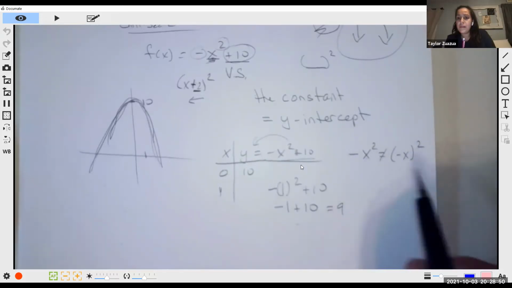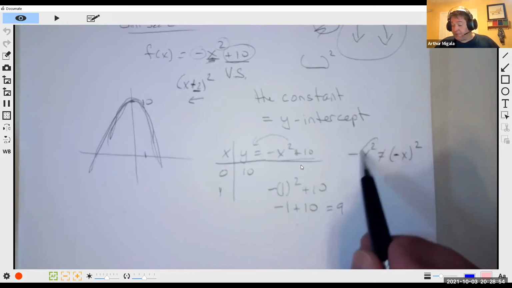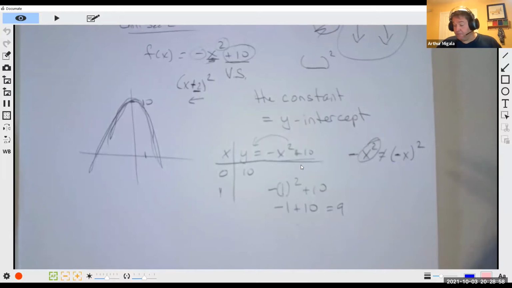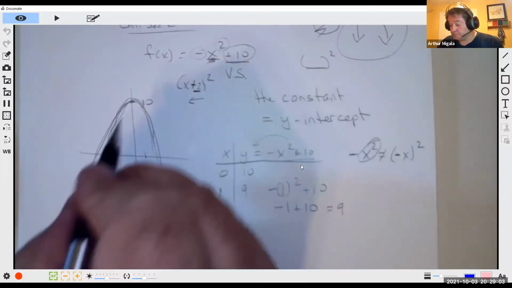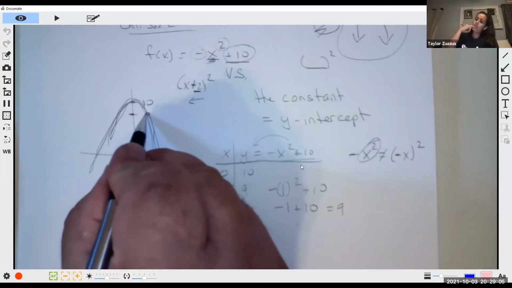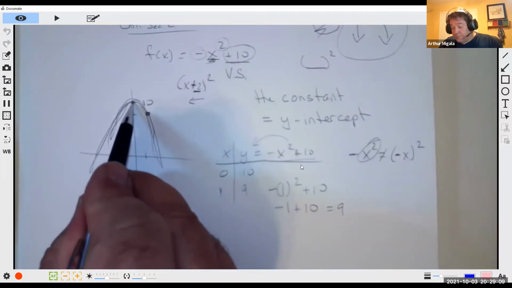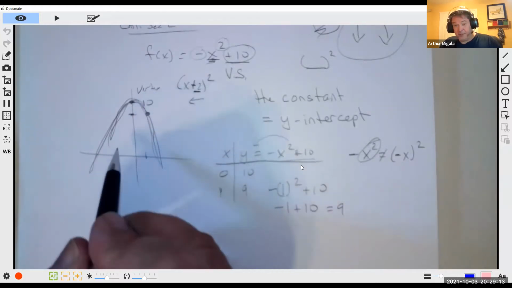It would be if it was inside parentheses. But here we have to square first and then take the negative of it. So when x is 1, it's 9. This is the vertex, the highest point.